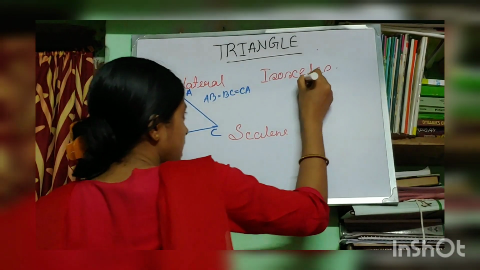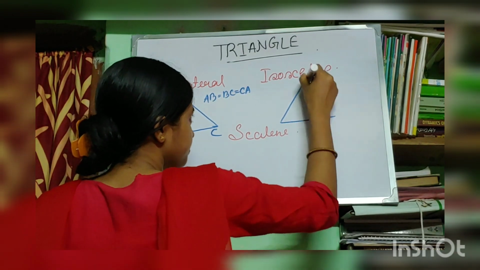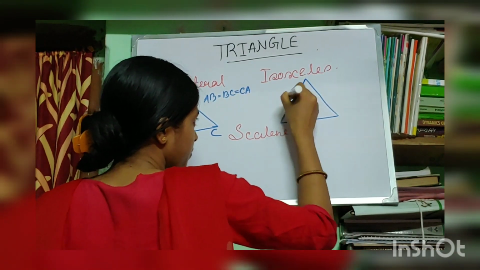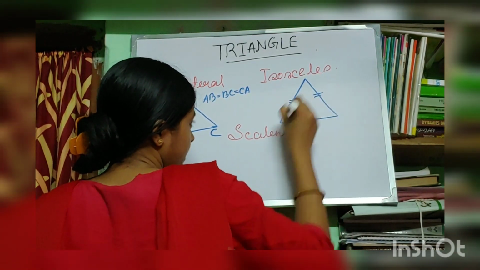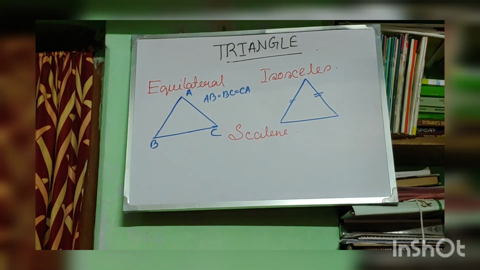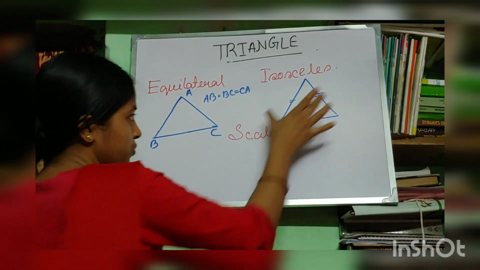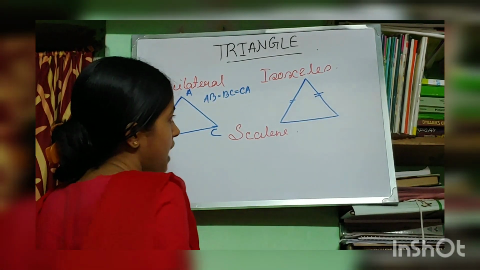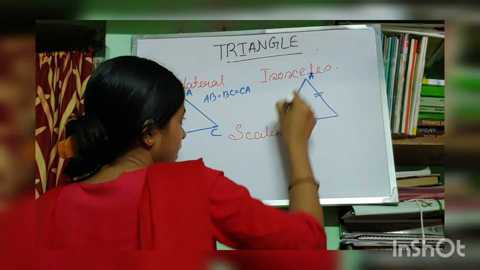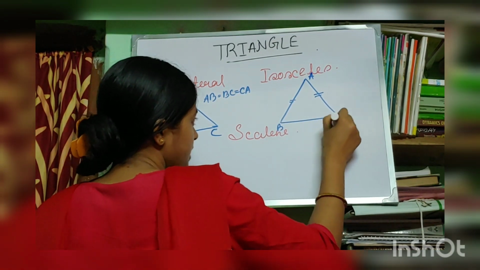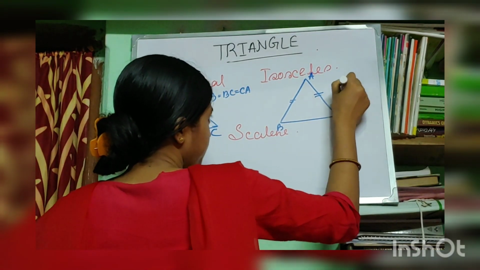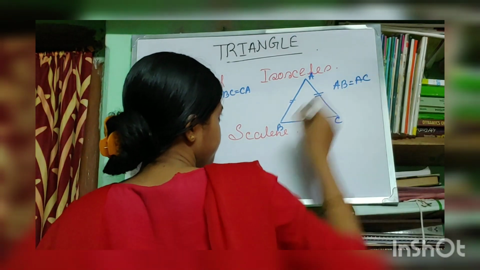What is an isosceles triangle? A triangle whose 2 sides, any 2 sides, are equal and the third side is unequal to that equal side. That is an isosceles triangle. That means ABC is an isosceles triangle where AB equals AC.